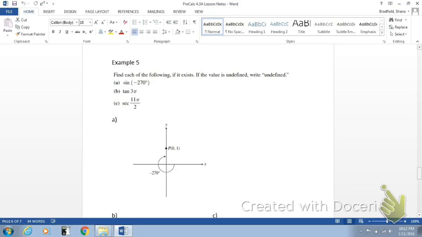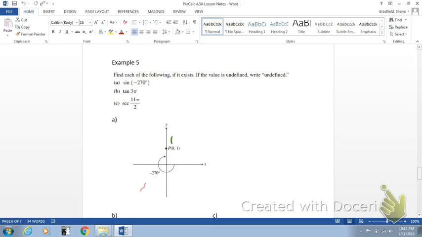Okay, number 5 says find each of the following if it exists. If the value is undefined, write undefined. Honestly, you could certainly use your calculator here. But the other thing that I can do, and you can look at A here, the example of the graph of the sine of negative 270, is that it's a quadrantal angle because it ends up at an axis.